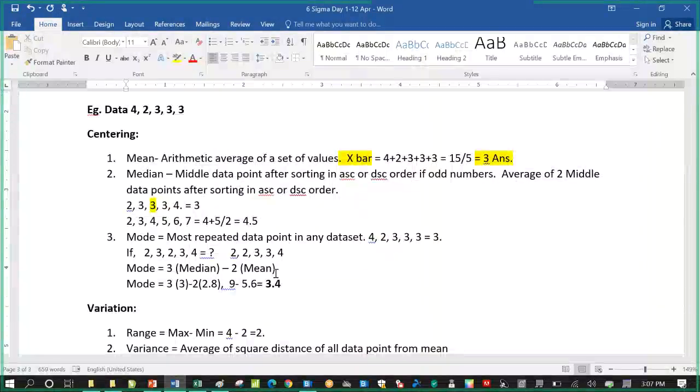So in centering, we are able to calculate the median, the mean, all of that. And in variation, we are calculating how far we are away from that. Is that what we are doing? Oh, no, no. Good question. In centering, we look at overall how far we are from the actual and overall target. And in variation, we look at how far our data points are from each other.